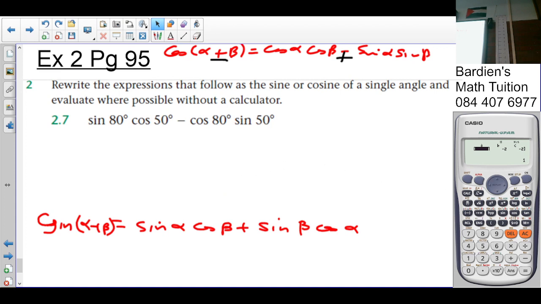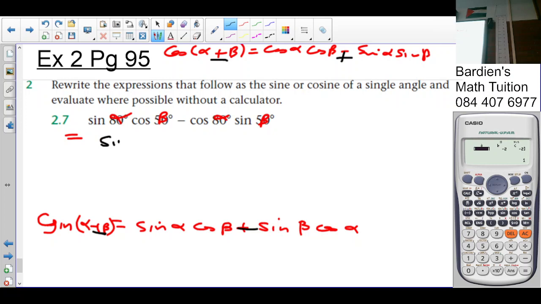Are these angles acute angles? Yes. So this is sine alpha cos beta minus cos alpha sine beta. So what does this remind us of? The sine rule, not so? But here's a minus, so here must go a minus.